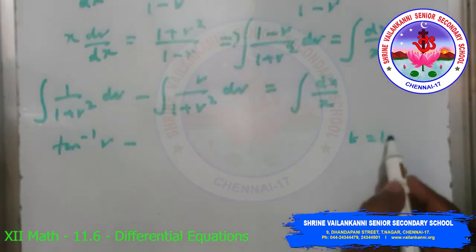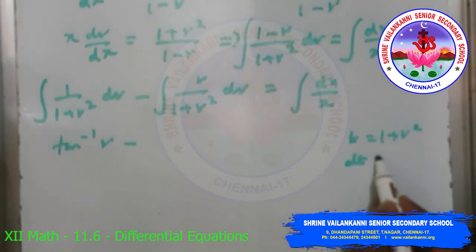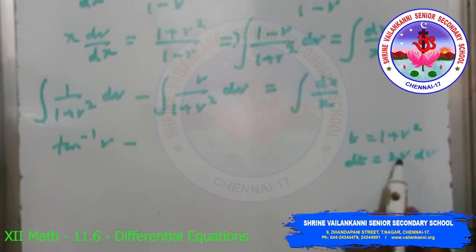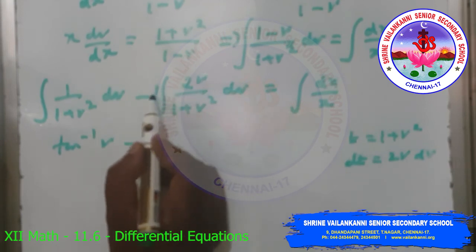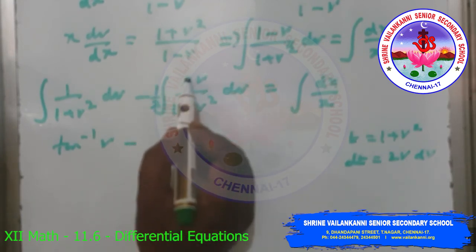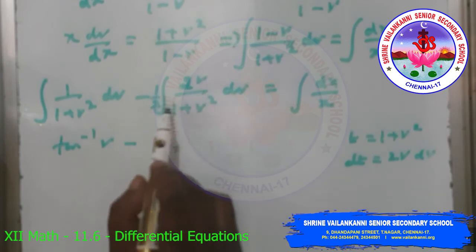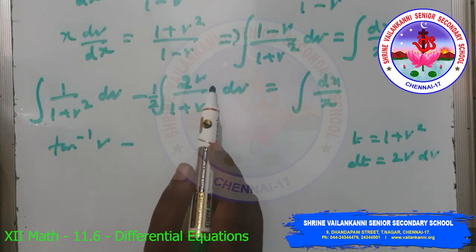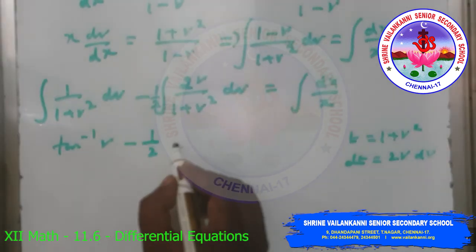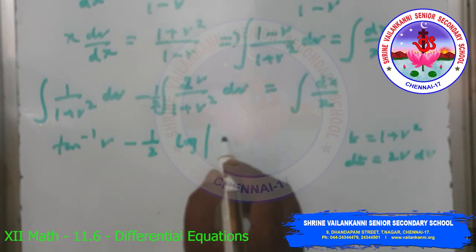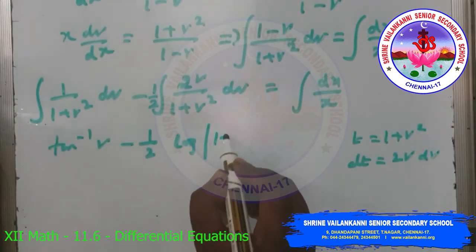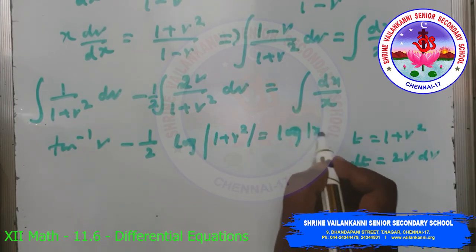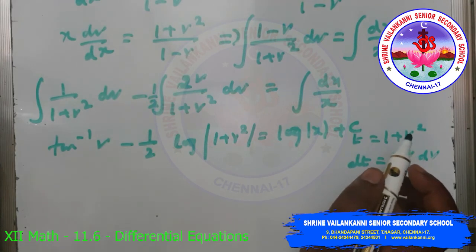When t is 1 plus v square, differentiating this we get 2v dv. So multiplying this and dividing by 2, multiplying this integrand by 2, so we can use substitution method, which is log v. So minus half of log 1 plus v square, which is equal to integral of dx by x is log x plus c.